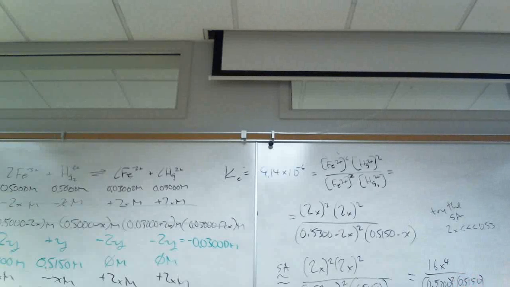Is that math easy or what? All you need to do is hit the square root key twice, right? And you can get the 4th root of this. And what does x come out to?